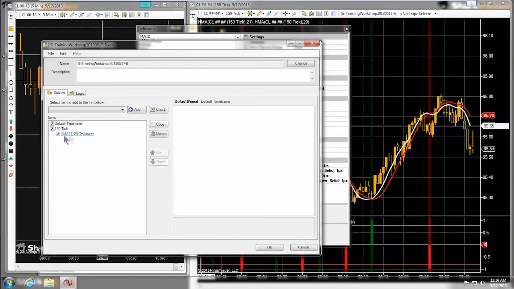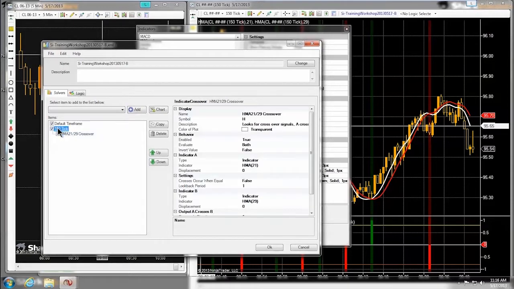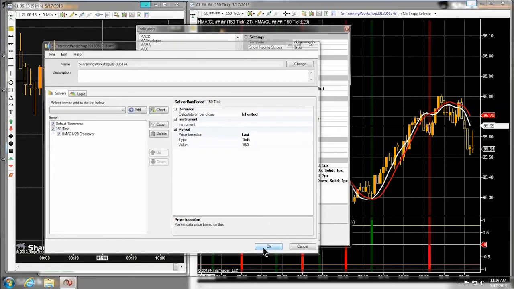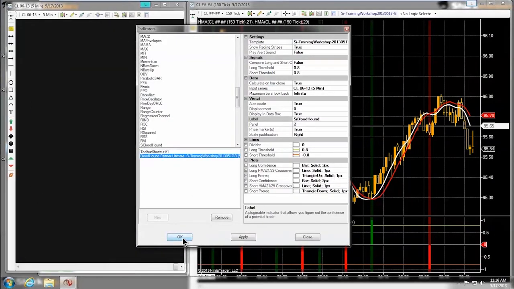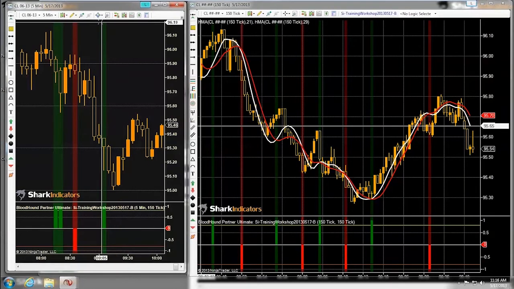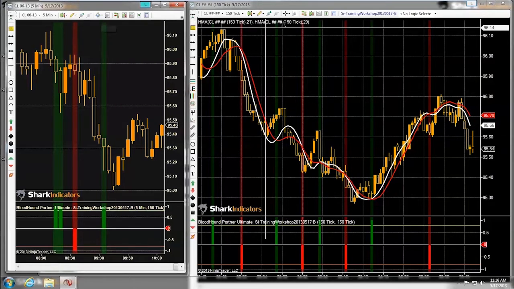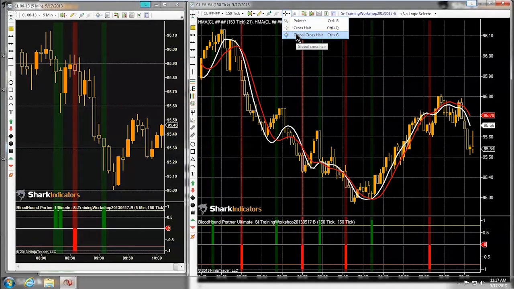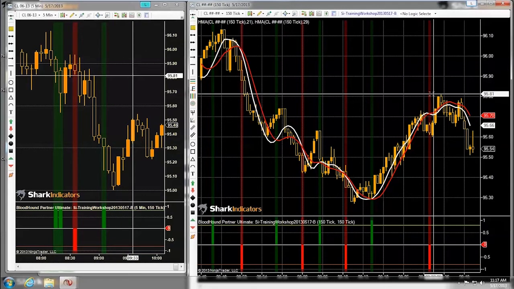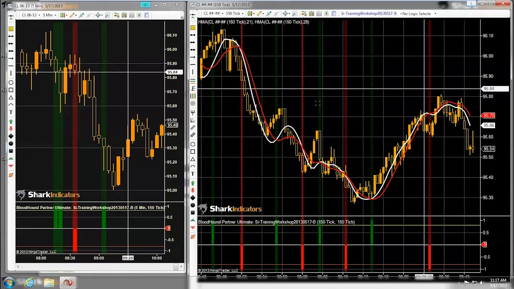Okay, great. So on the 5-minute chart, we have the same crossover, but it's on the 150 tick chart. I want to make sure that I have my global crosshairs turned on. So here's the issue.